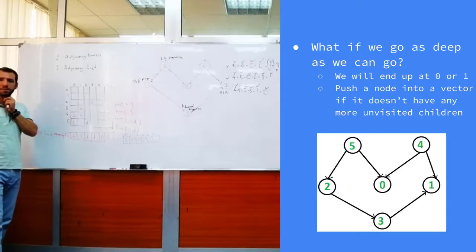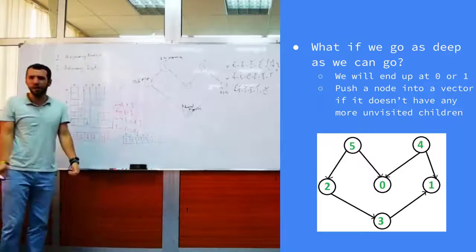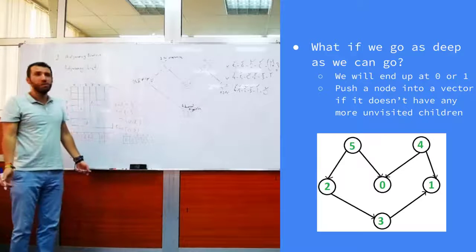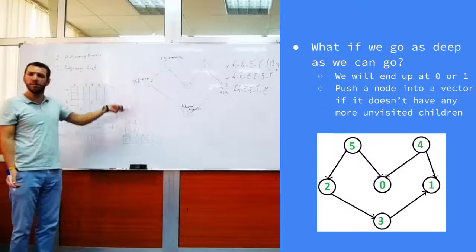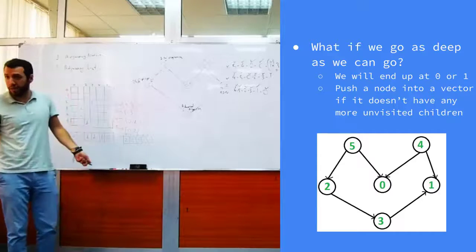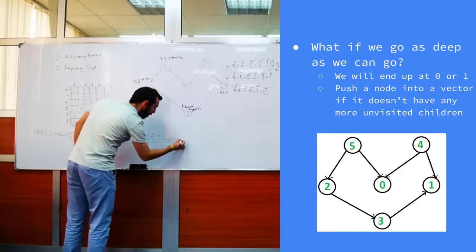Oh, plus n. Sorry. N plus m, yes. Actually, if there is no edge, we are still going over all the lists. So even if it's an empty list, we are going to check to see if it's empty. So I think you're right. We can say O of n plus m.